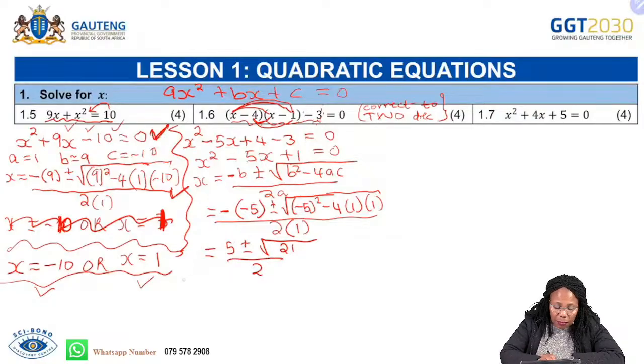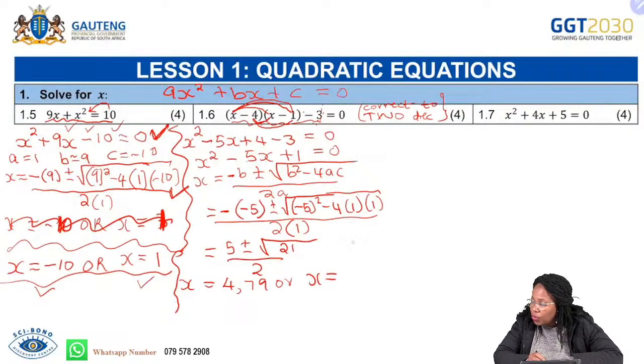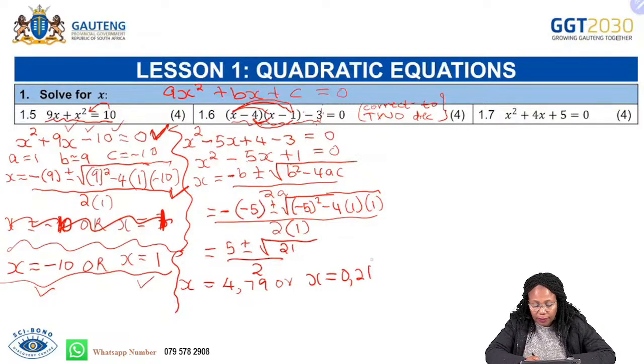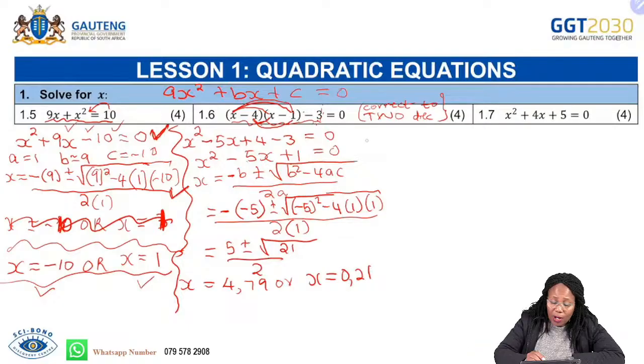And then you press the SD button, and this will be in decimal form. x equals, to 2 decimal places, 4.79, or x is equals to 0.21. Okay, these are the solutions for this particular quadratic equation.